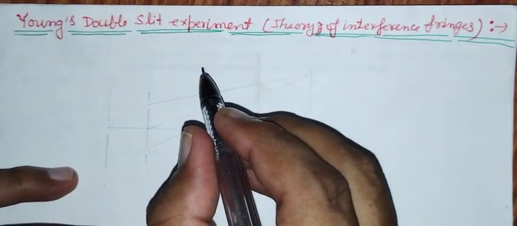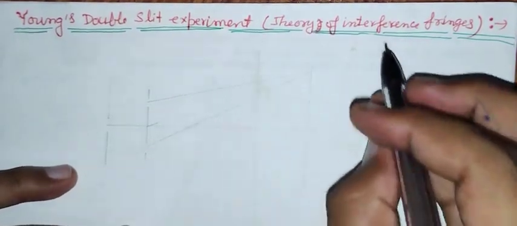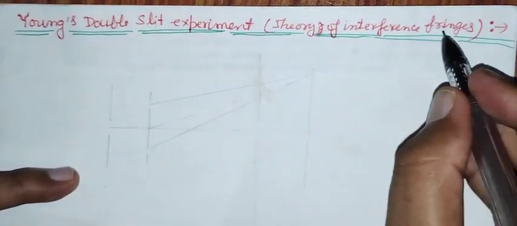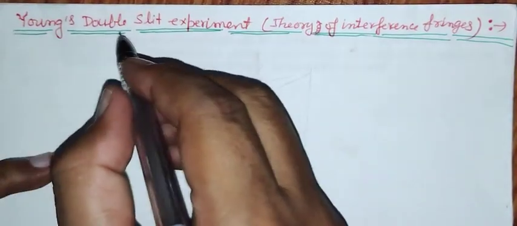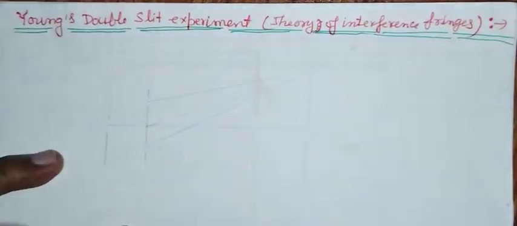Hello everyone. We are going to see today the theory of interference fringes, which is also known as Young's double slit experiment.